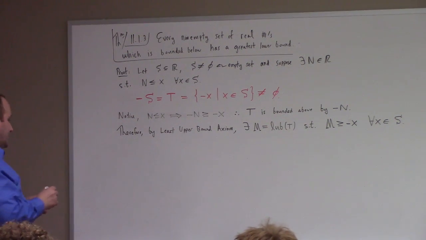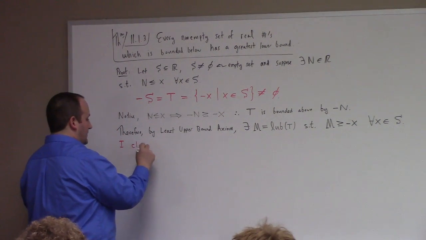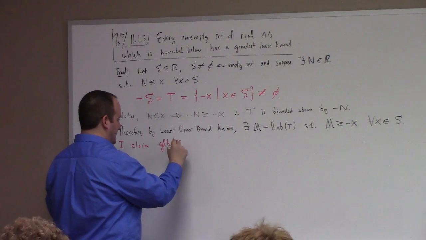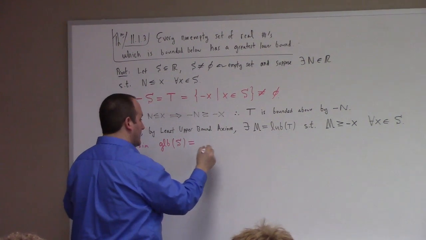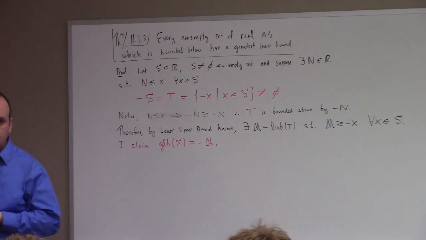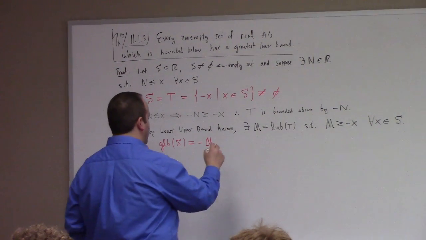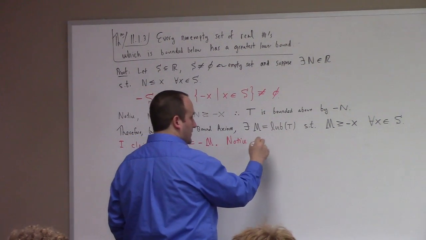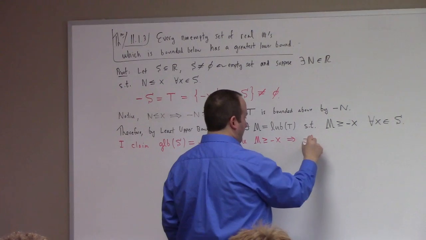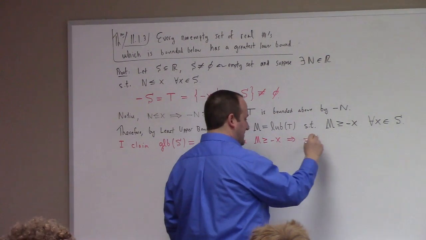All right. Now here's my claim. I claim that the greatest lower bound of S is in fact nothing more than minus M. Notice, if M is greater than or equal to minus x, that implies minus M is less than or equal to x.